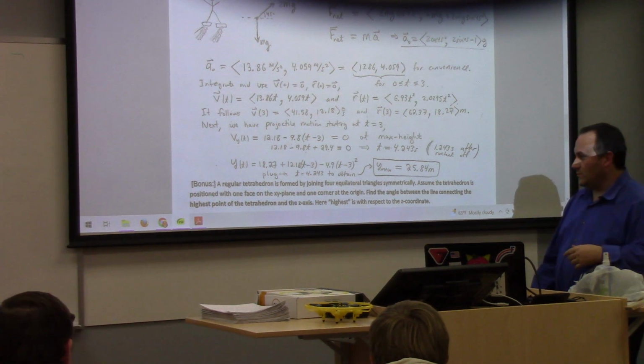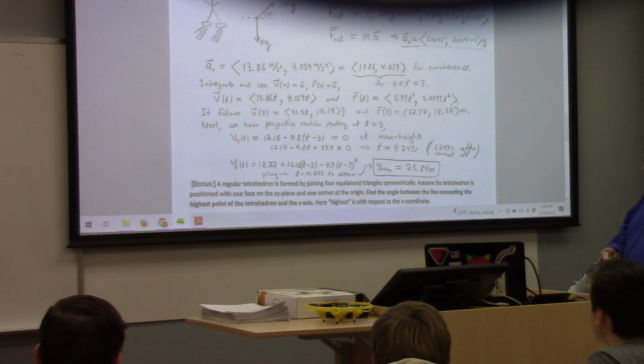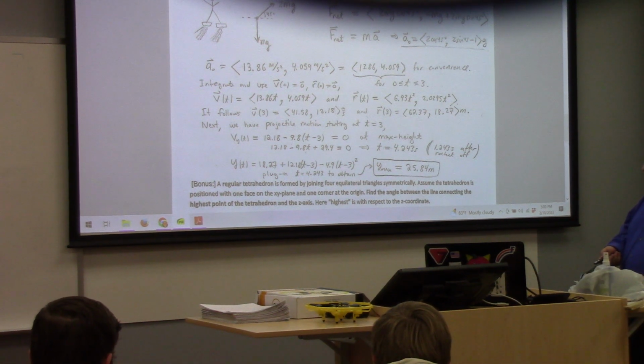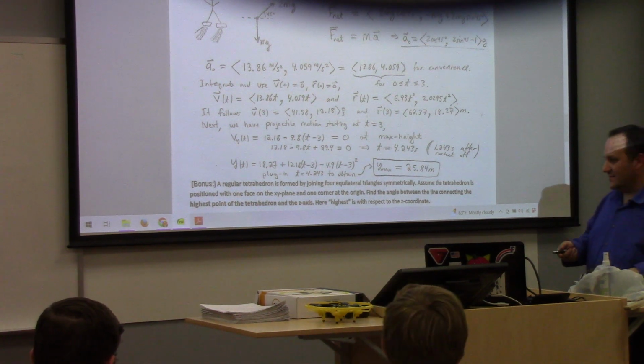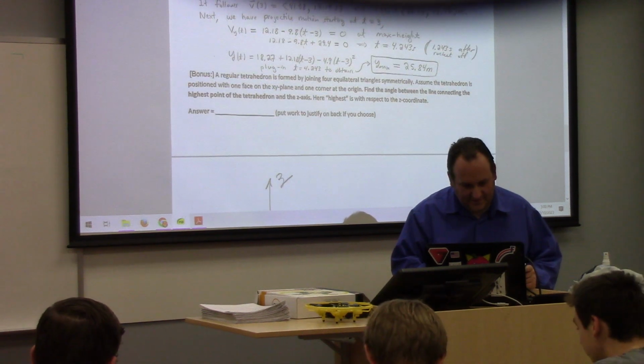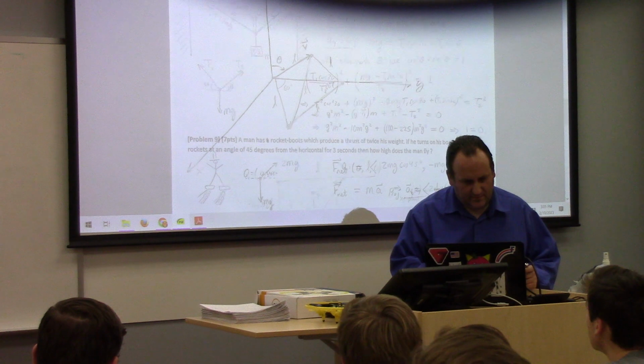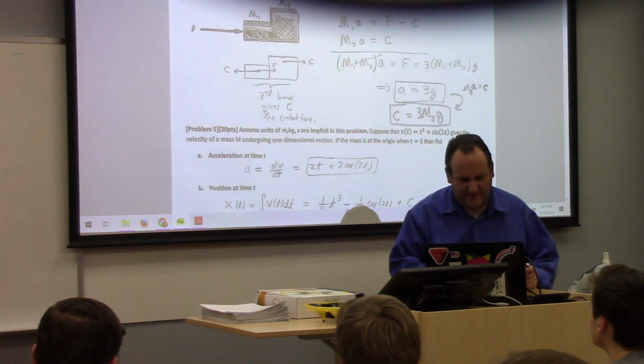So, ooh, a regular tetrahedron is formed by joining 4 equal triangles, blah, blah, blah, blah. Find the angle between the line connecting the highest point of the tetrahedron and the z-axis. Yeah, nobody got that right. That was a bonus question. I don't think anybody got that right. Well, anyway. This seems to be scanned in the backwards order or something.